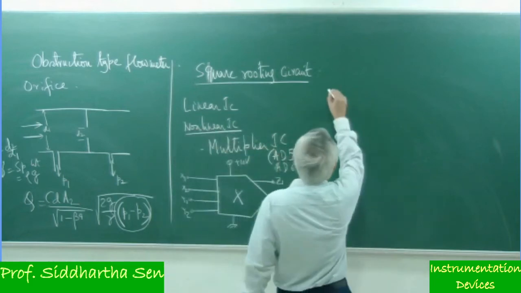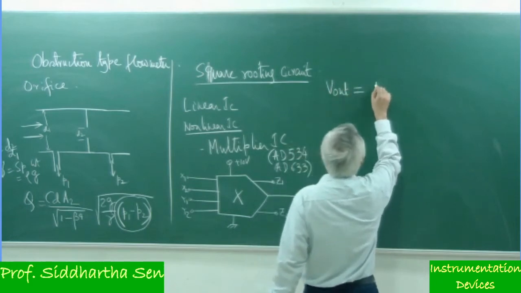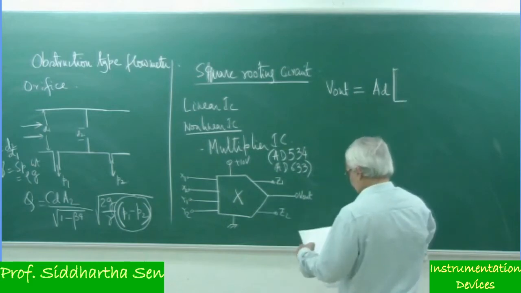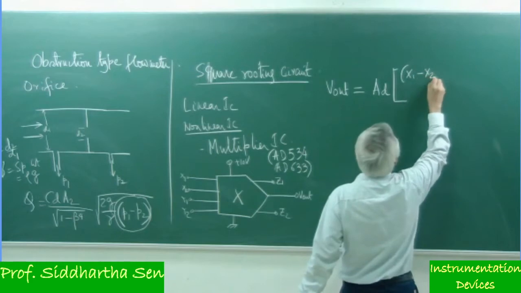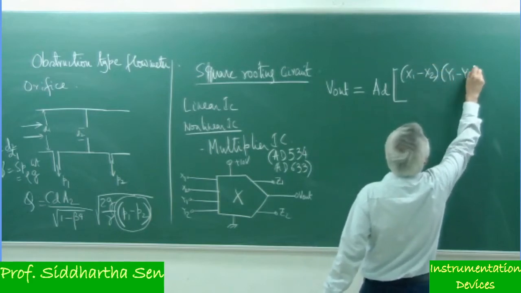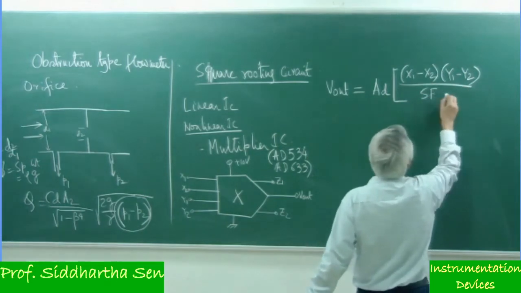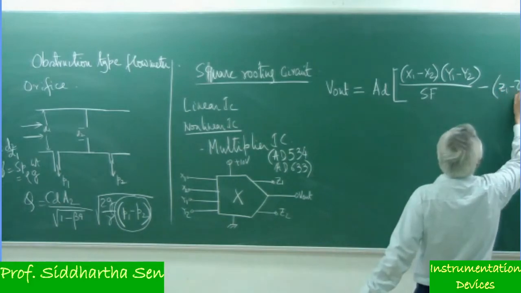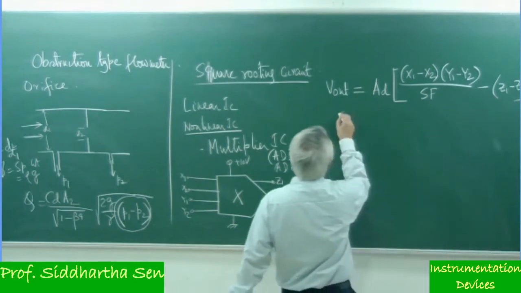Now, how is this V out represented? V out is equal to AD, that is a differential gain, into (x1 minus x2) into (y1 minus y2) divided by SF, plus (Z1 minus Z2). What is SF?